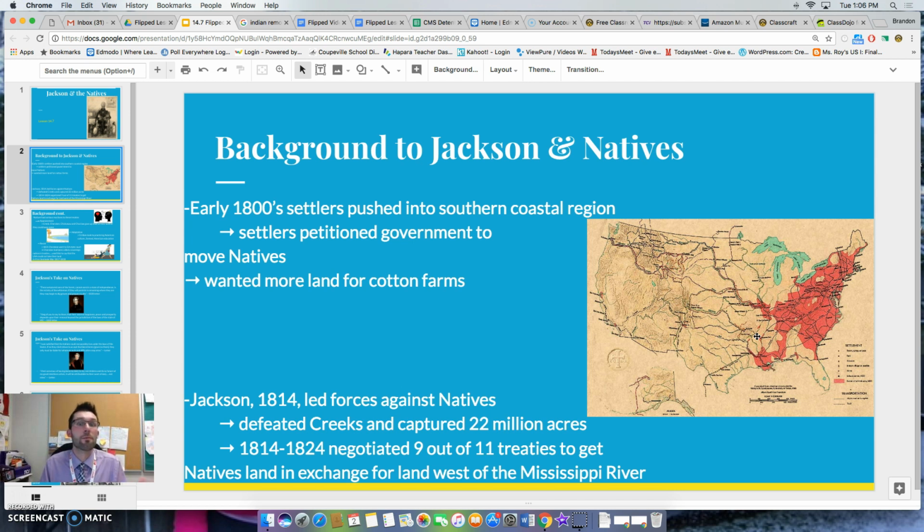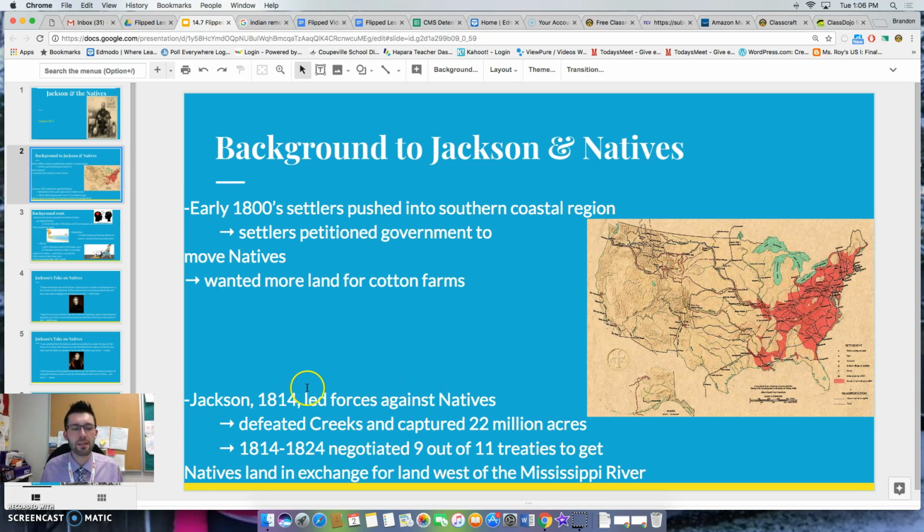There must be a good reason. Well, I don't know if it's a good reason, but I can tell you this. These settlers wanted the natives out of the area so they themselves could move in to till and farm more land for cotton. Not to make food, but for cotton.